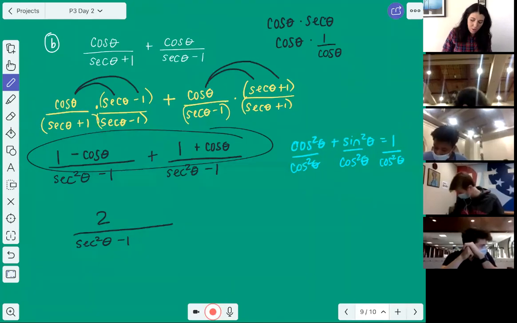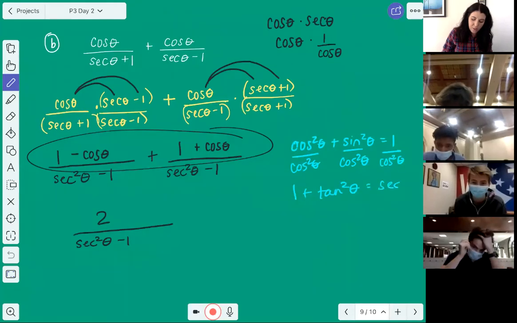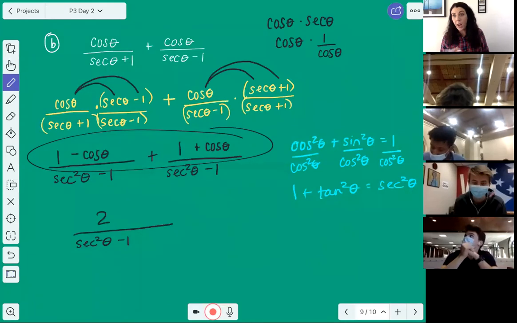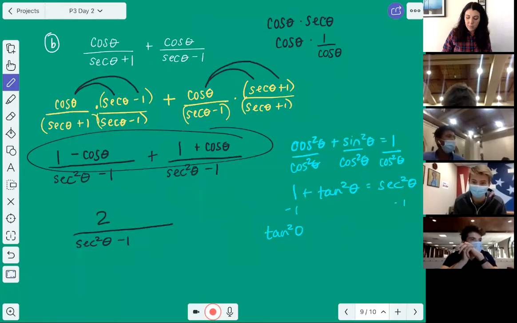This is going to be 1 minus secant squared is equal to negative tan squared. Hold on. 1 plus tangent squared. Let's not skip too far ahead. 1 plus tangent squared is equal to secant squared. And then you're right. I want to get a secant squared minus 1. So I'm going to subtract the 1. So I get what there? You're going to get secant squared minus 1 is equal to tan squared.